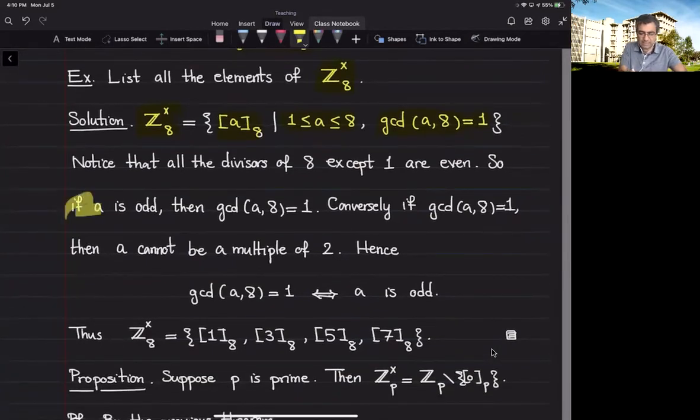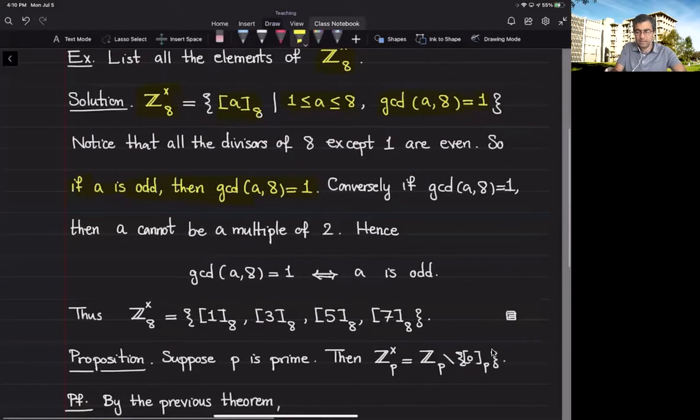If a is odd, then the GCD is 1, because every divisor of 8 besides 1 is even. If a is not odd, then it has 2 as a factor and 8 has 2 as a factor, then the greatest common divisor is at least 2. And that's exactly what I have over here.